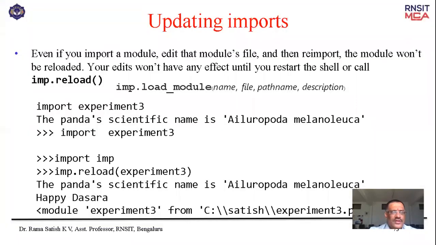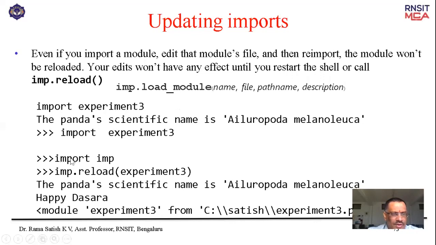So how to reload? You should use imp.reload, and you should give the entire module name; of course, description and file name, path are optional. Once you execute, it will be run.